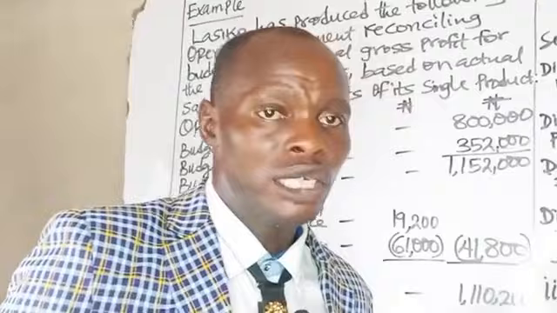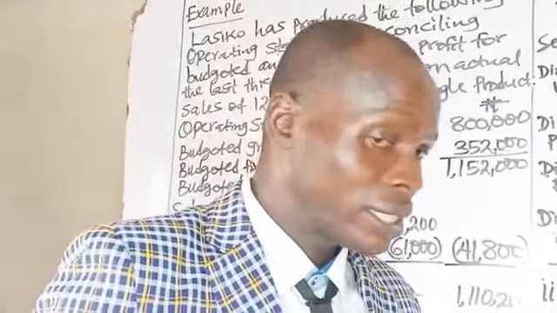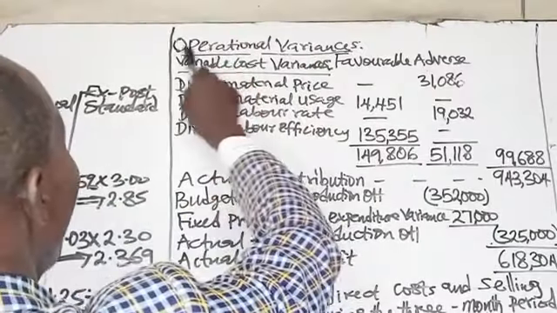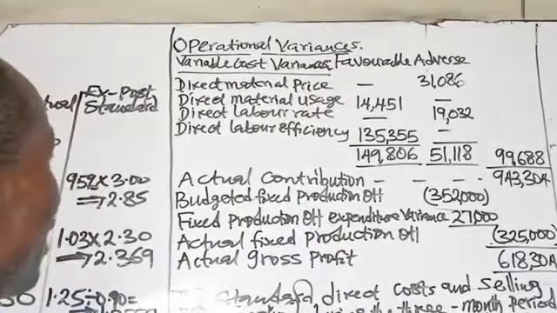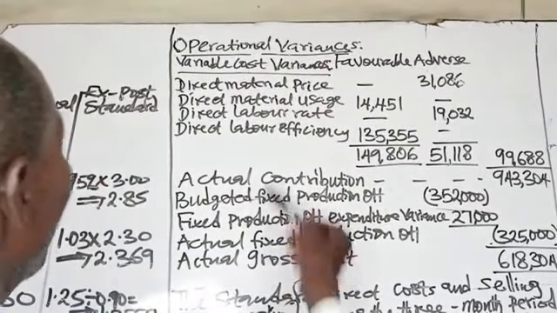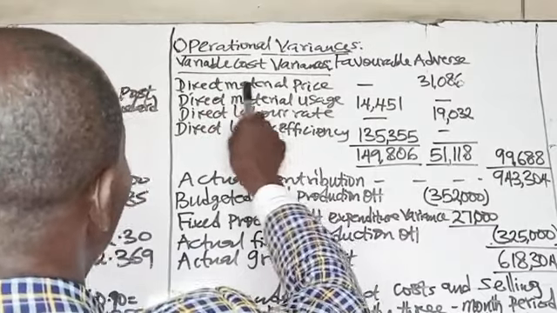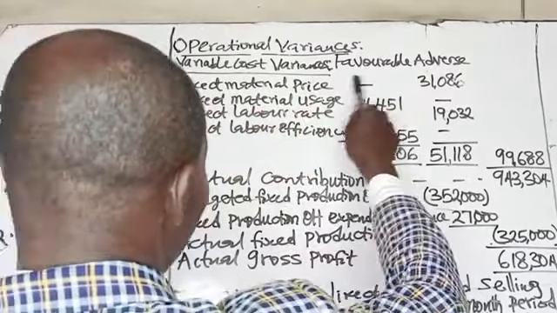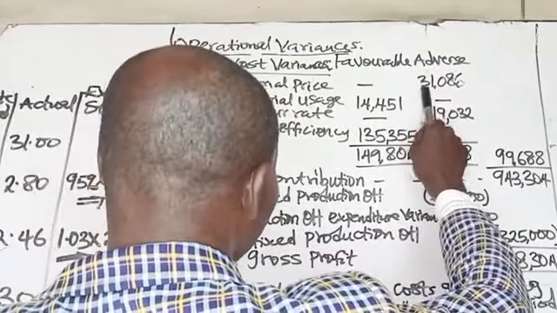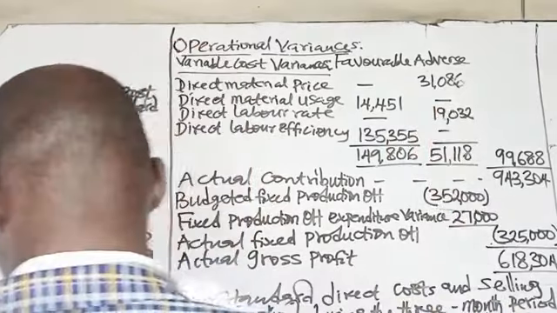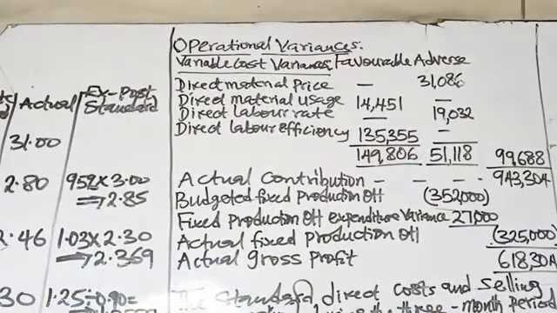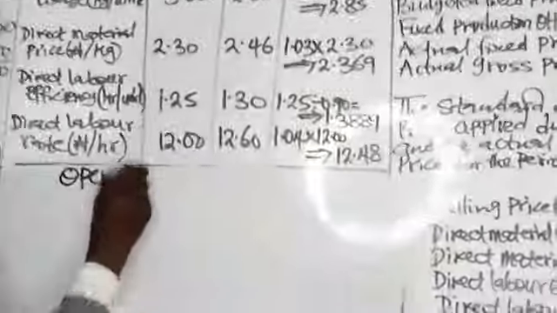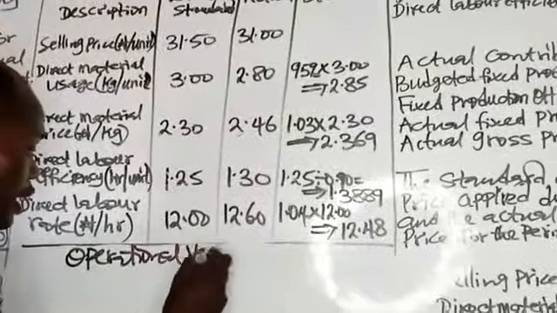The next one is how they've arrived at the operational variances. We want to demonstrate how the following operational variances have been arrived at. The first operational variance we are going to examine is direct material price operational variance, how they've arrived at this 31,086.